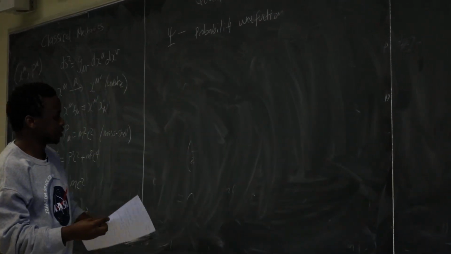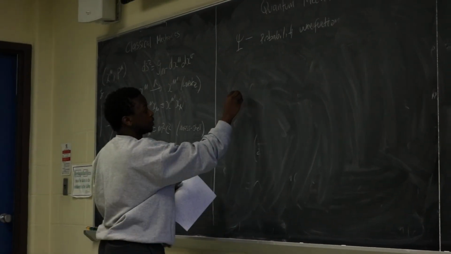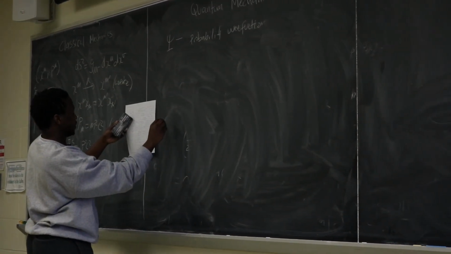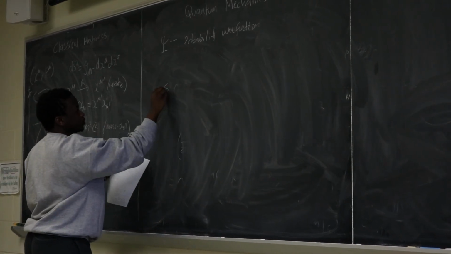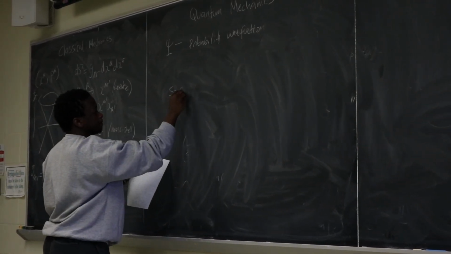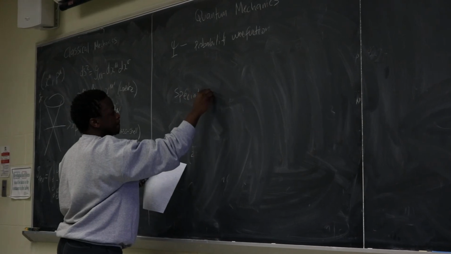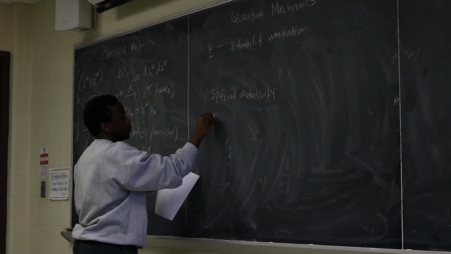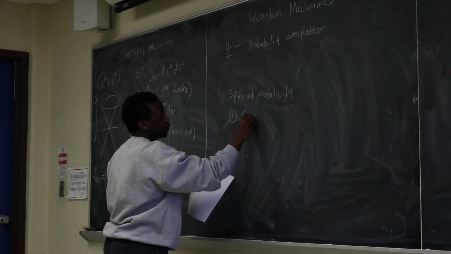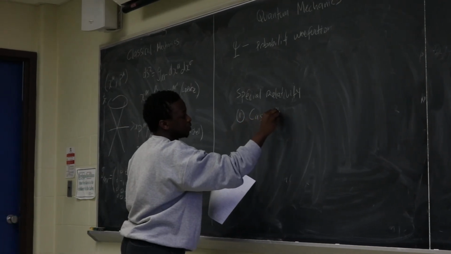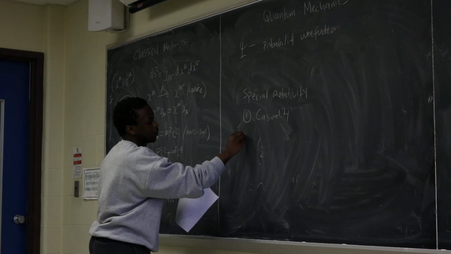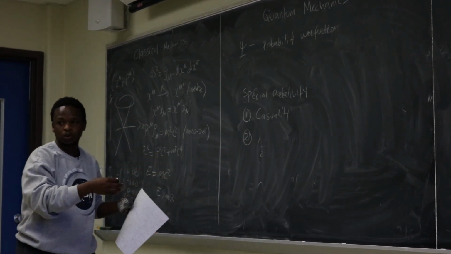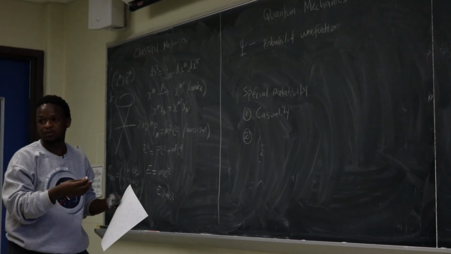We can make the same case that when we impose special relativity, we have causality becoming a problem, and two, from the Schrödinger equation, there's no way you can create particles from it.